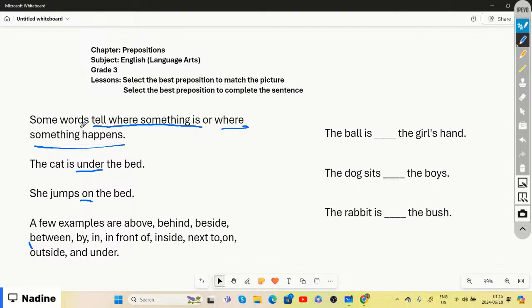All right. So it says once again some words that tell us either where something is or where something happens. And we just now made an example when we said the cat is under the bed. So we ask ourselves, where is the cat? Under the bed. Then another one is she jumps on the bed.